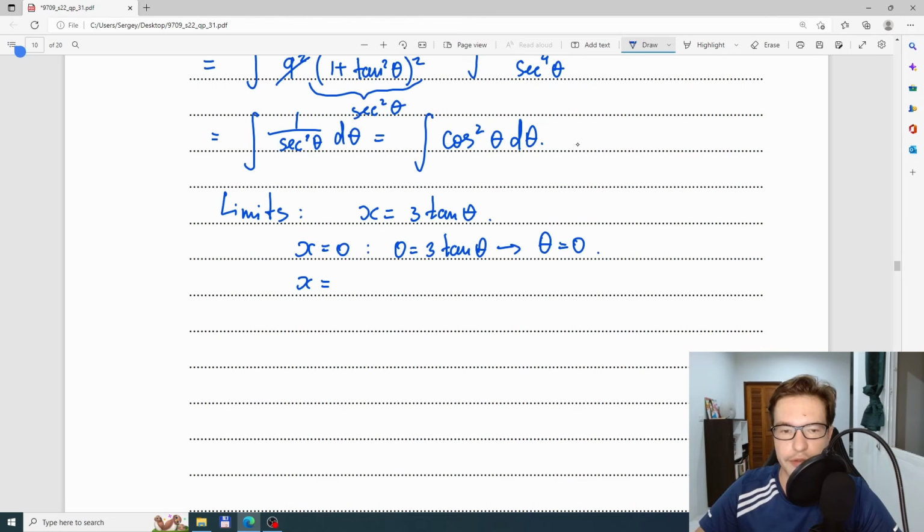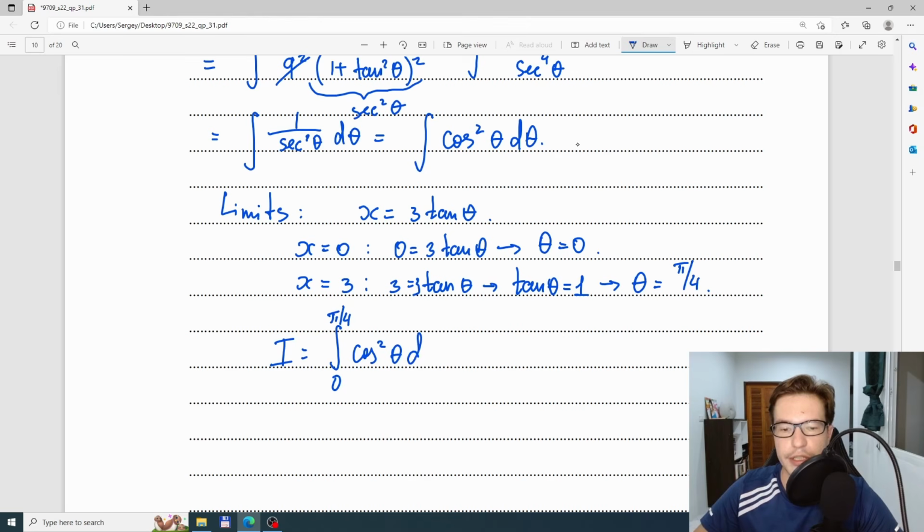When x equals 3, we get 3 equals 3 tangent theta. Divide both sides by 3 and we get tangent theta equals 1. So theta equals pi over 4. Okay, so the integral equals, from 0 to pi over 4, cosine squared theta d theta, and that's exactly what we had to show.